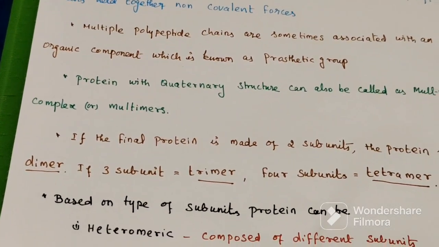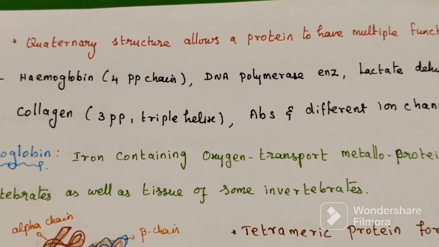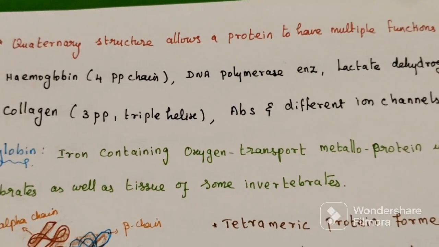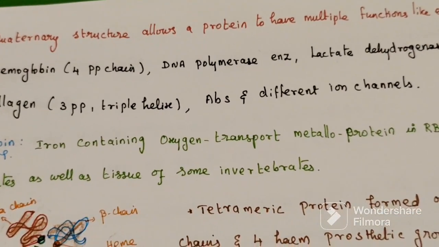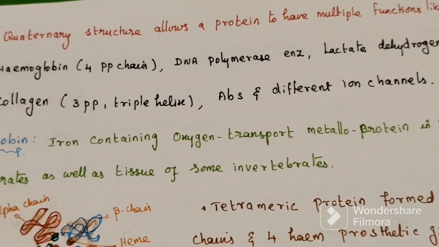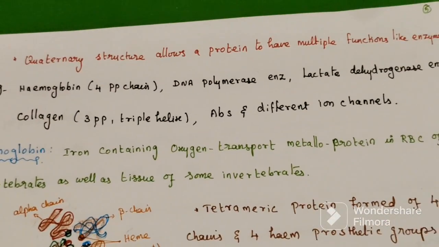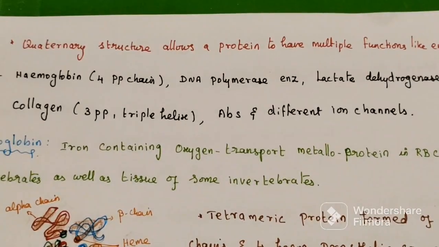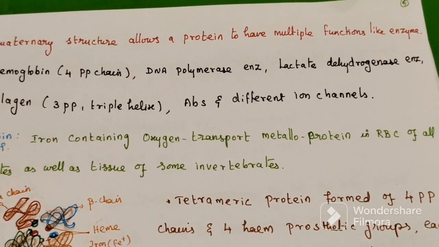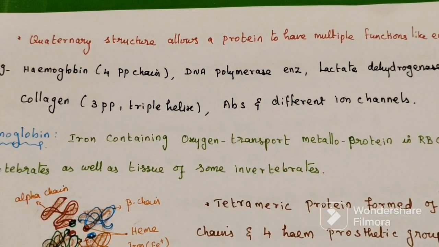What are the uses? Quaternary structure allows a protein to have multiple functions. For example, individual subunits may have different conformation and orientation which enable them to perform functions in a regular manner. Example, hemoglobin: one protein chain binds with oxygen and another chain binds with carbon dioxide.